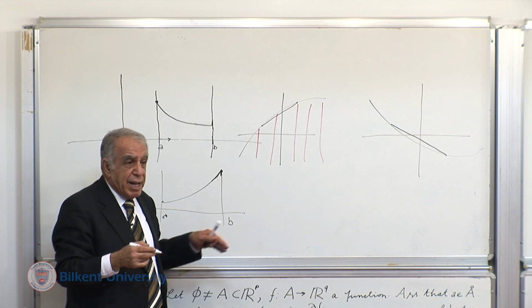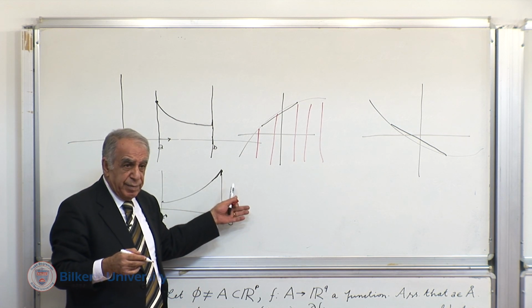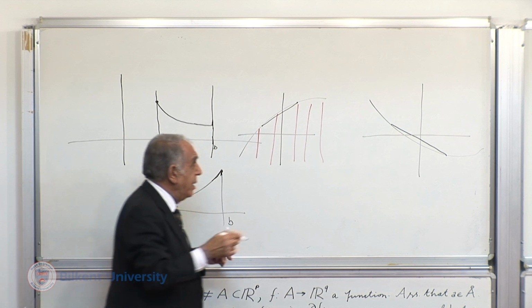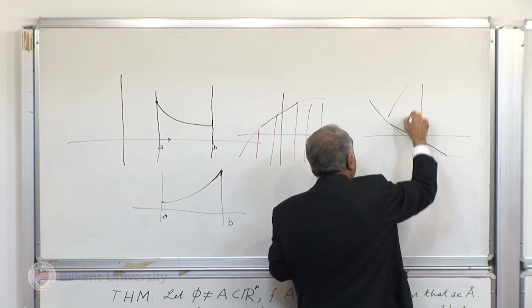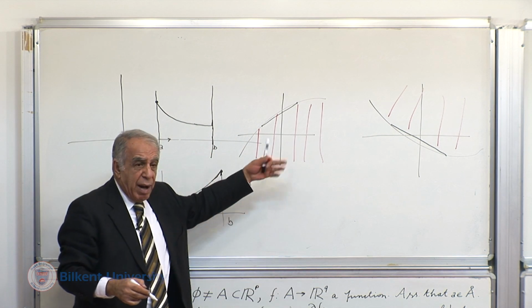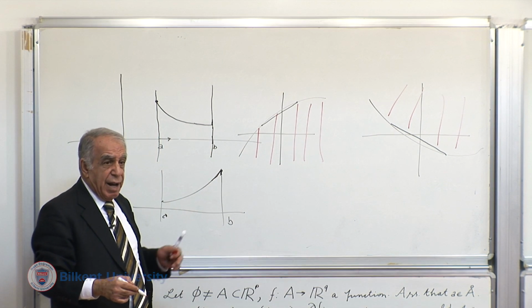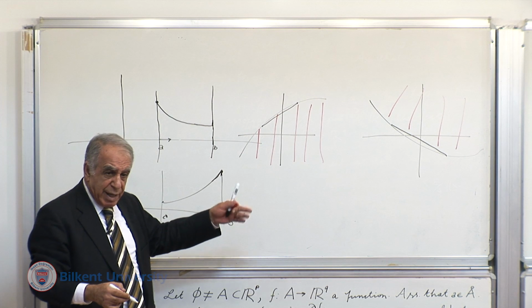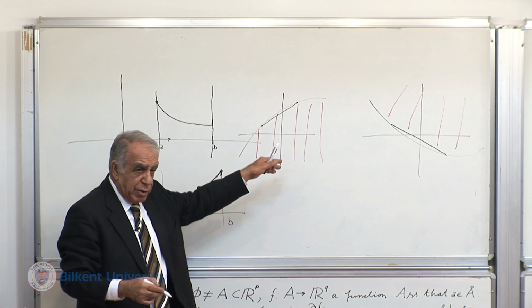This will be a convex subset of R2. While the upper part, what stays above the graph in a convex function case, that will be a convex subset of R cross R.